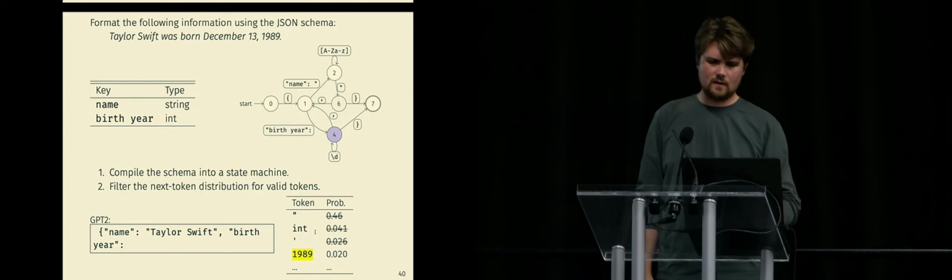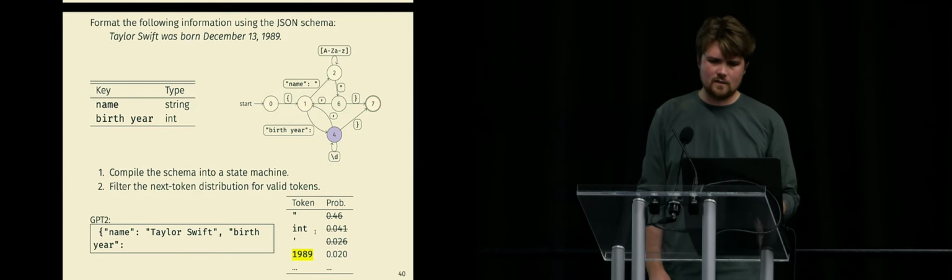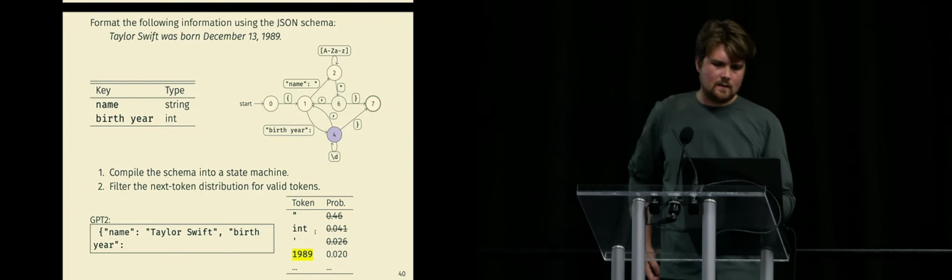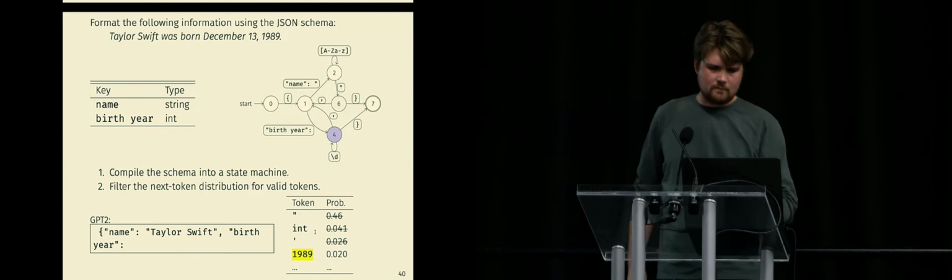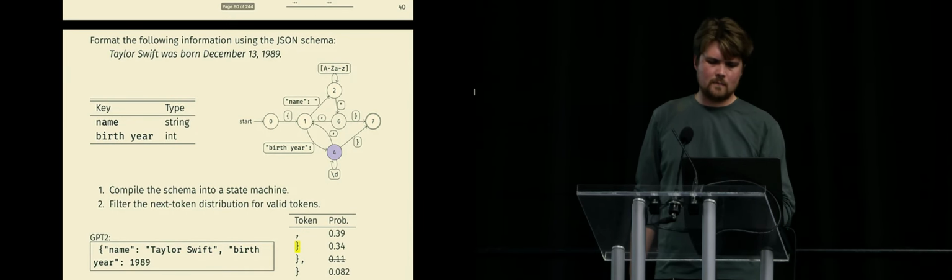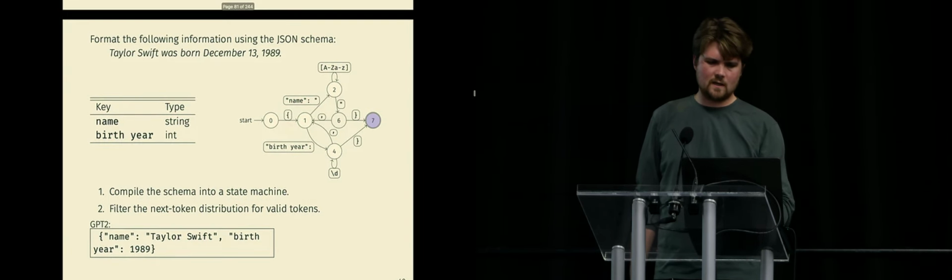It chooses to generate name, and then it fills out what that name is, and then it chooses birth year. And here you can see that the most likely tokens don't match the JSON schema.